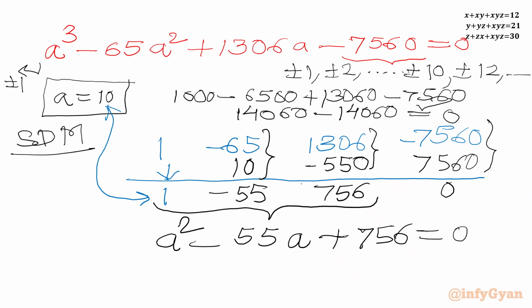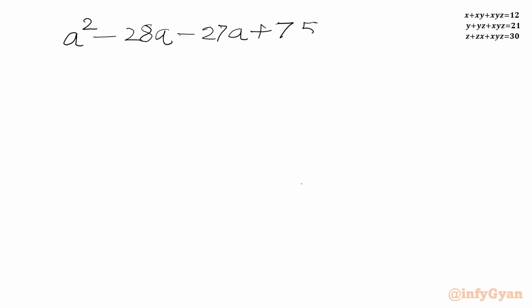Now we can factor 756 and get 28 times 27, which will give us addition 55. So we can split our middle term. A square minus 28a minus 27a plus 756 equal to 0. From the first two terms, a is common.